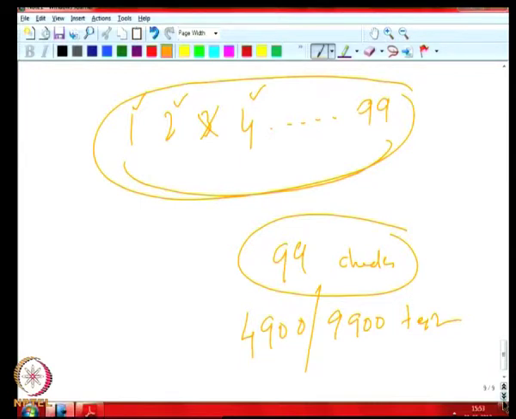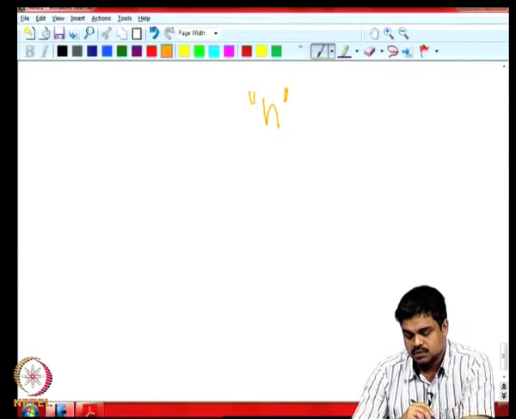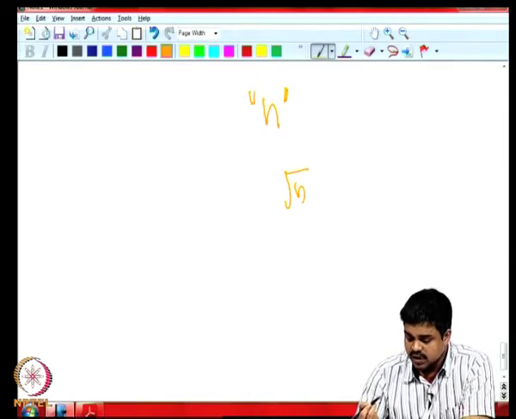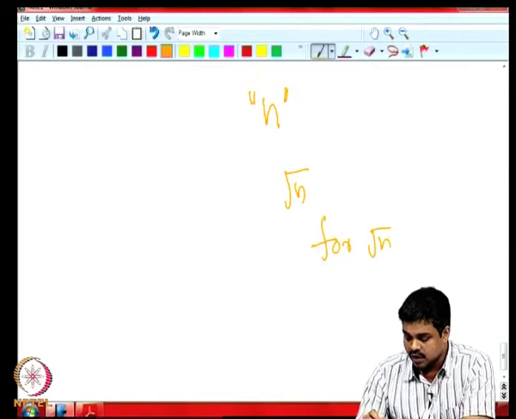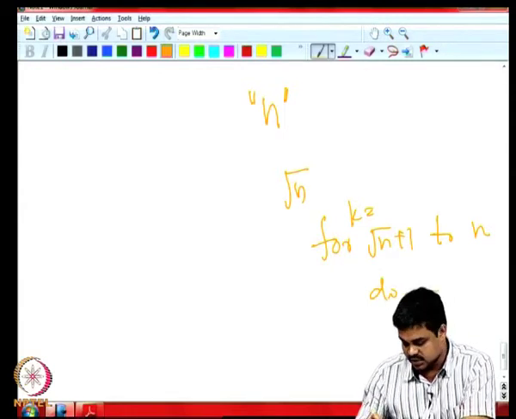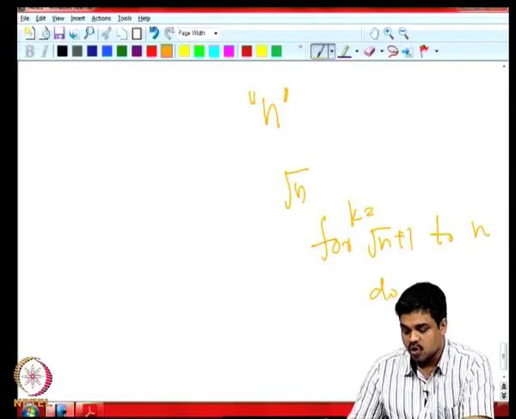You may be writing a program to find out how many divisors a number n has which are above root n. Then you may write, say, for k equal to root n plus 1 to n, do something like that: test whether k is a divisor of n, and if k is a divisor of n then output k.